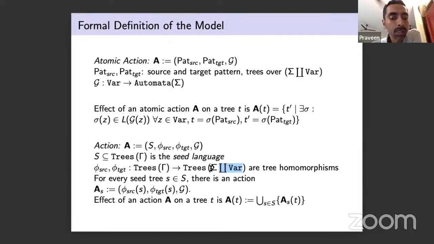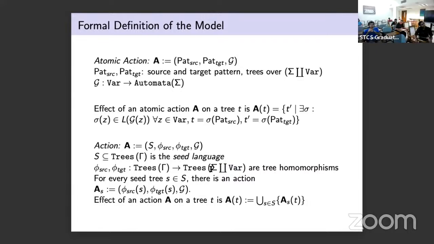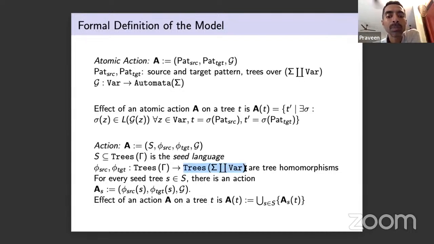Now what we are saying is, instead of just trees over sigma, you make it trees over sigma union variables. And then we are adding one more layer on the semantic side, saying that you treat this tree on the right hand side as a pattern and try to match it with some other tree by substituting the variables.